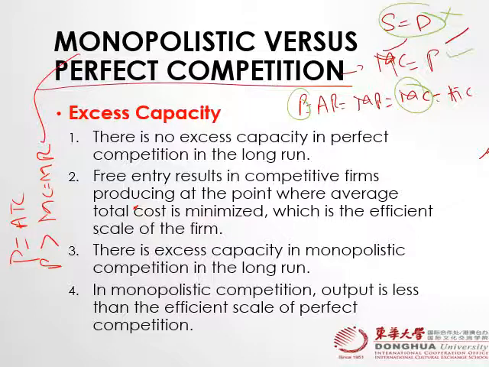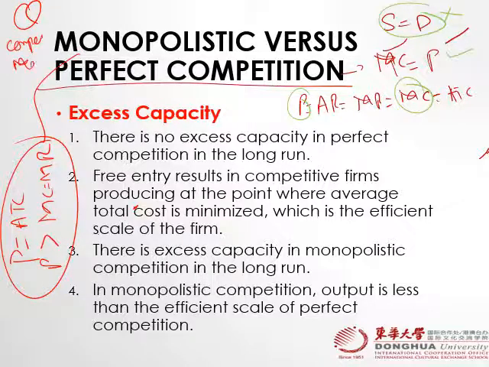So let's talk about this as well. In that case, our maximum quantity is also different. The maximum quantity in perfect competition is not equal to the maximum quantity of the monopolistically competitive firm. So the difference is called excess capacity.